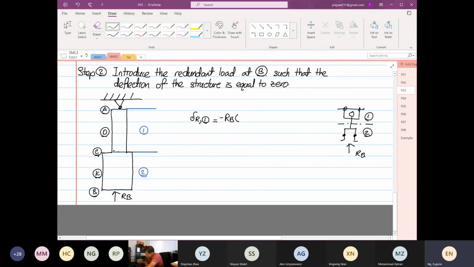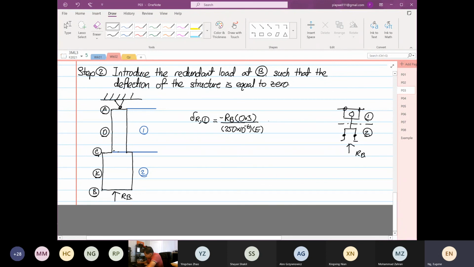The length over there, we know is equal to 300. Not 300, come on, Eugene, in meters, 0.3. And then we know that the cross-sectional area is 250 times 10 to the power minus 6.